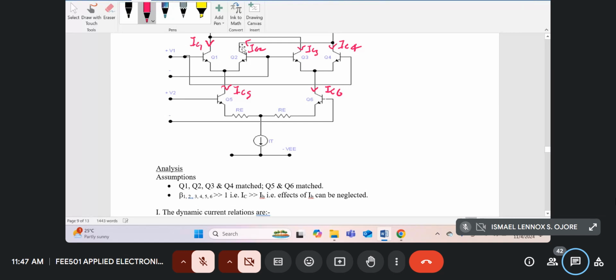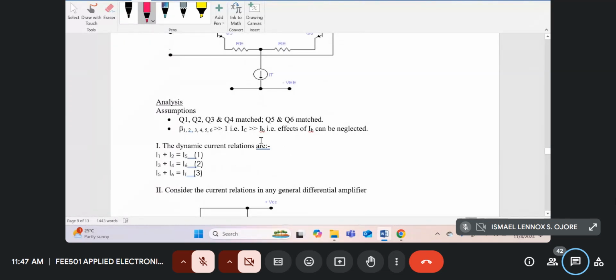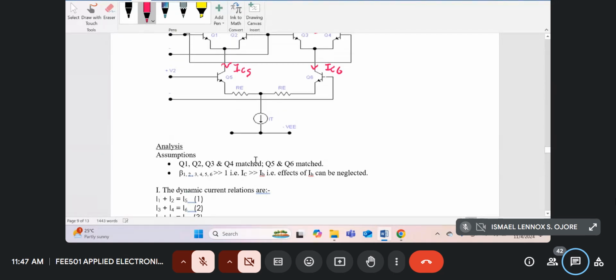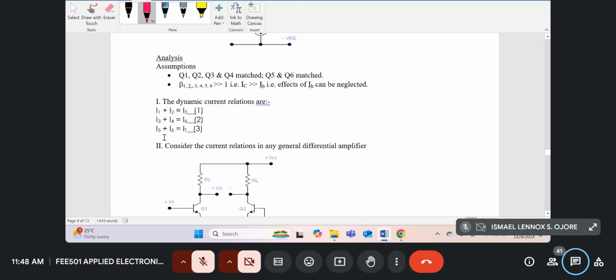So this current plus this current appears at the emitters of this one. Similarly, I3 plus I4 is I6. So you get equation 2. And then finally, at the emitters of Q5 and Q6, we get IC5 plus IC6 is equal to IT. So that's equation 3.